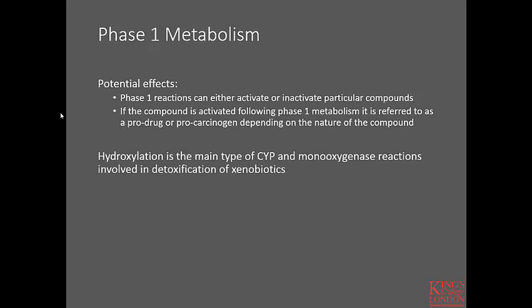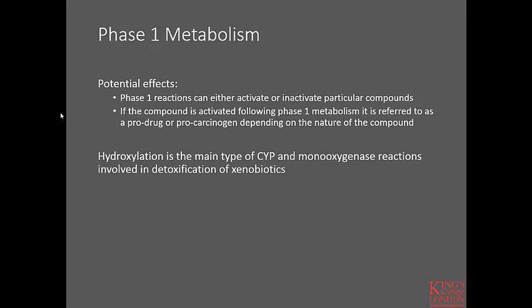So just coming back to phase 1 metabolism for a second, the potential effects of phase 1 metabolism in terms of the biological activity of particular compounds is interesting, because passing through or reacting in a phase 1 reaction can possibly activate or inactivate a particular compound. And there are good examples of this, and I think I have one in the associated reading that you'll find on the virtual campus, where you can see that some particular polyphenols, moving through this pathway, actually gain their positive action by passing through phase 1 metabolism first before they're eliminated through phase 2.